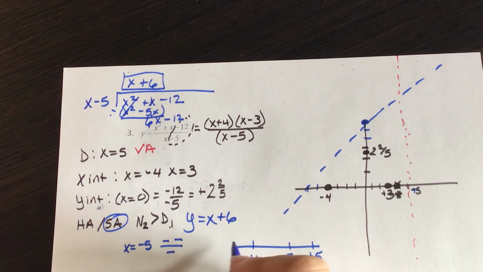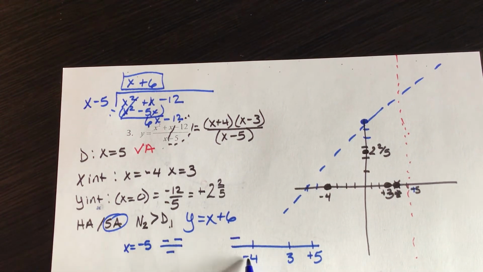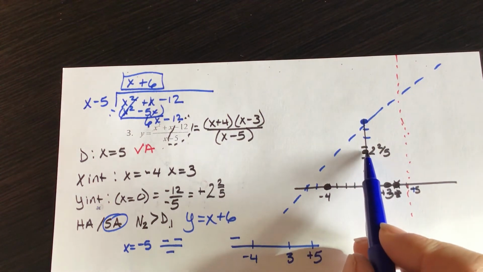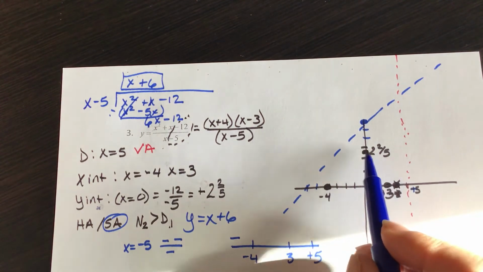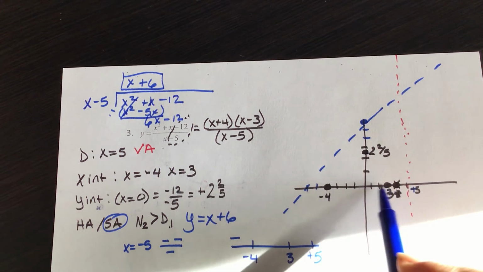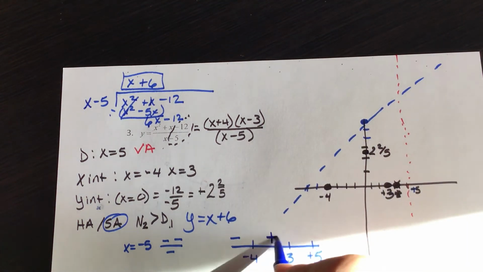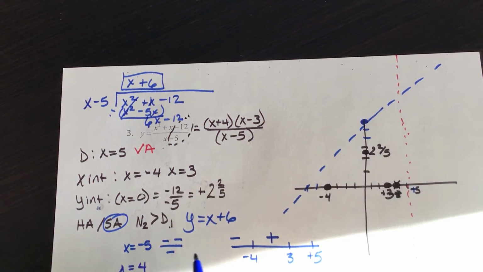So 3 negatives make this negative. Between -4 and 3, this is where my y-intercept is. So I know that if I have a y-intercept that's positive in between here, all of this is going to be positive in here.